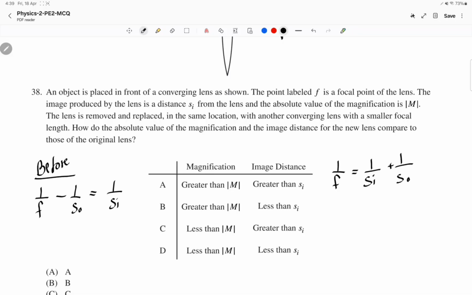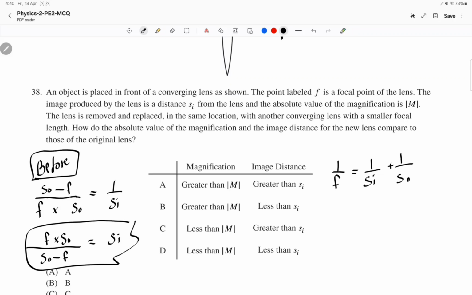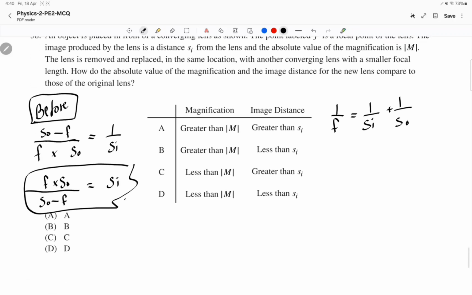So right now, if I make them into the same denominator, I'm going to have F times SO over SO minus F. And now if I flip, I will have SI is equal to F times SO over SO minus F. So now the focal length has decreased, right? I think. Yeah, that's what they said. We have a less focal length than before.